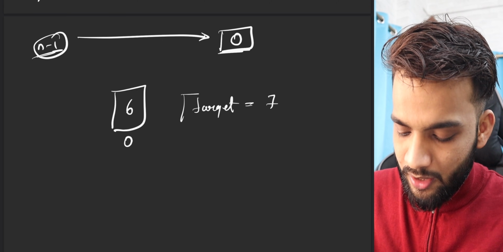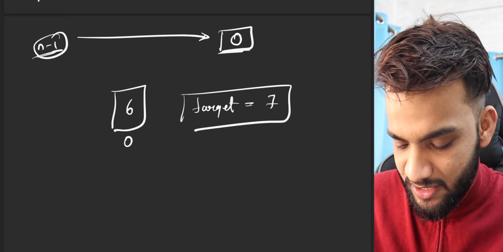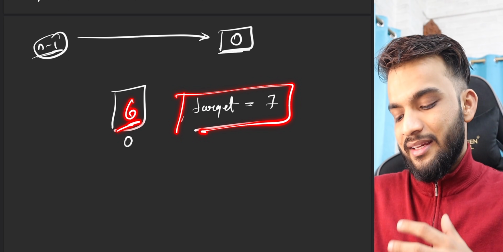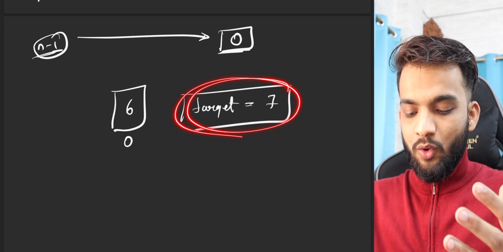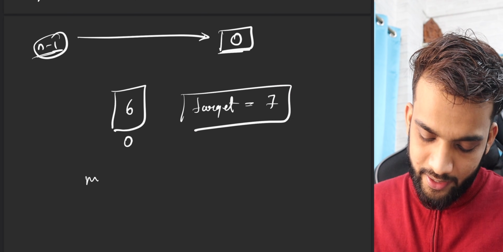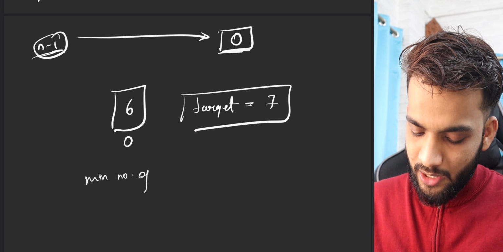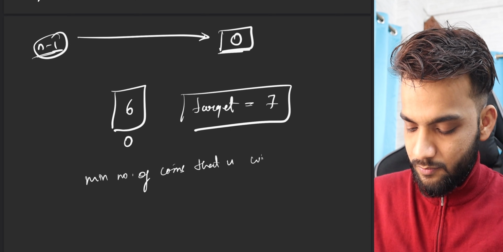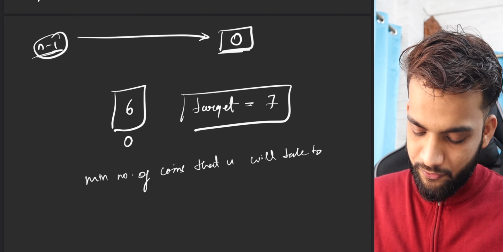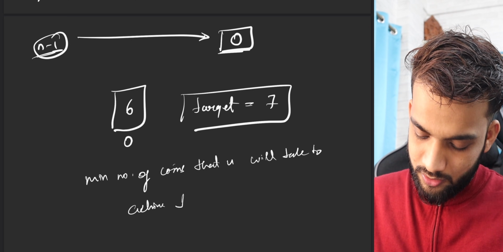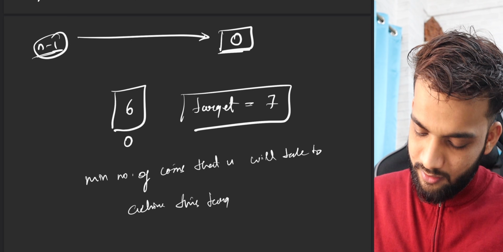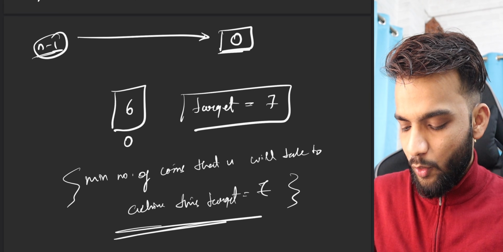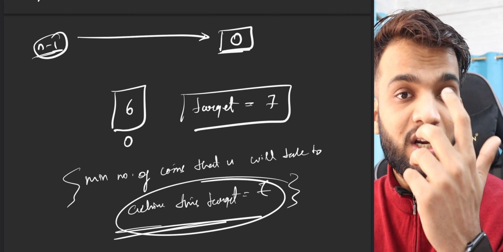Now tell me one thing, if this is containing a value 6 and a target 7, can this target be achieved? What are the minimum number of coins that you will take in order to achieve this target 7?